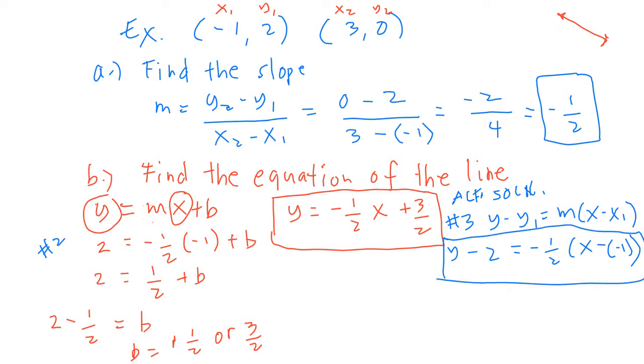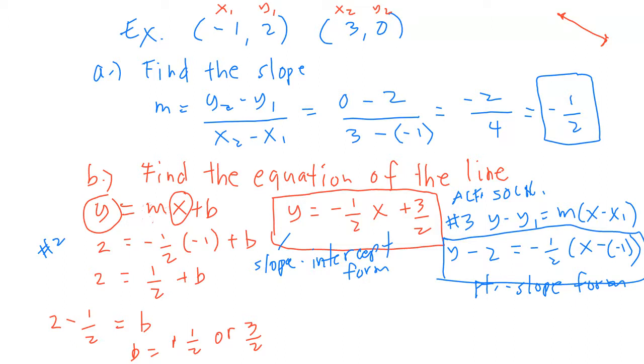But if you want to match our solution on the other one, because this is a different form, the first one is in slope-intercept form. The second one is in point slope form.